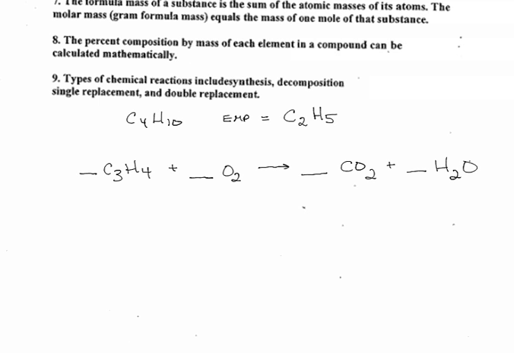And to balance the equation, since I have 3 carbons, I put a 3 in front. 4 H's, I put a 2 in front. I now have 6 plus 2, 8 oxygens, so I put a 4 in front. 1 is understood.